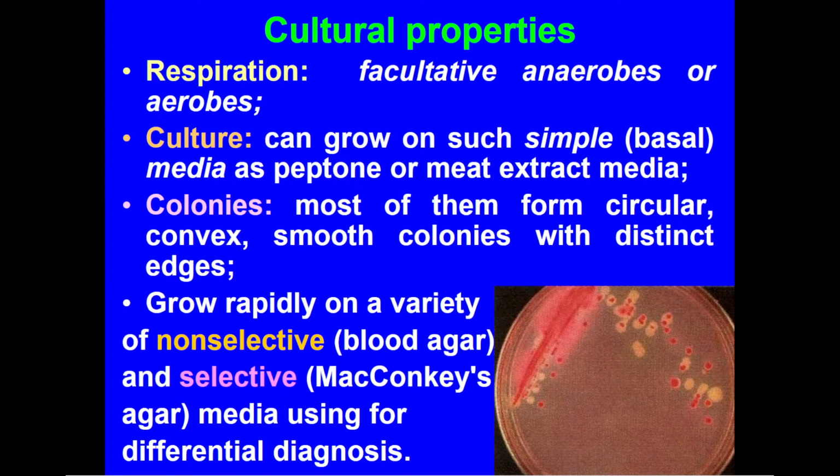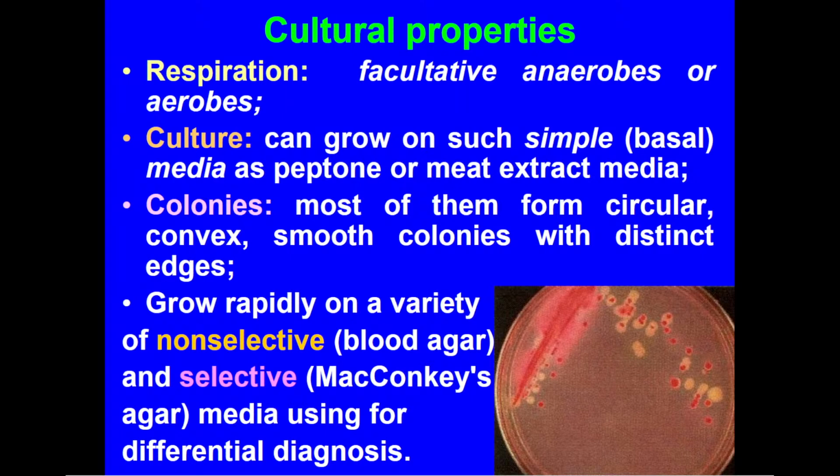We use selective media that prevent the growth of, let's say, gram-positive bacteria and let gram-negative bacteria grow. Here you can see the example of selective MacConkey's medium that is described everywhere in your lecture books and protocols, okay?